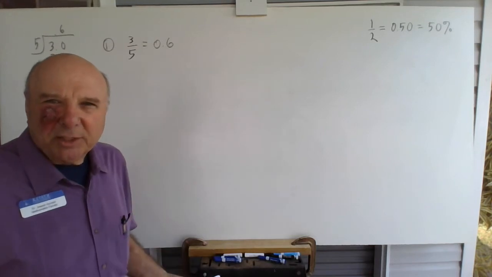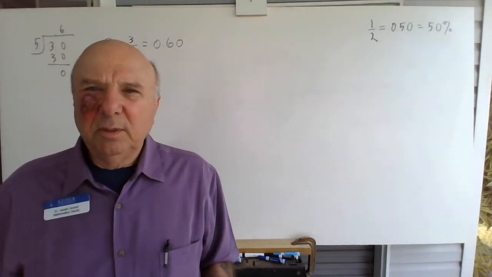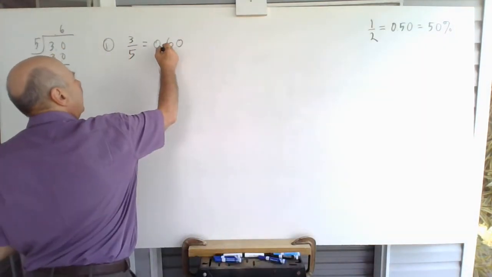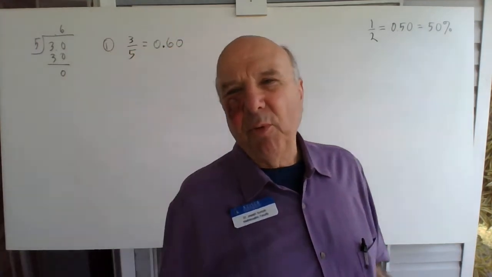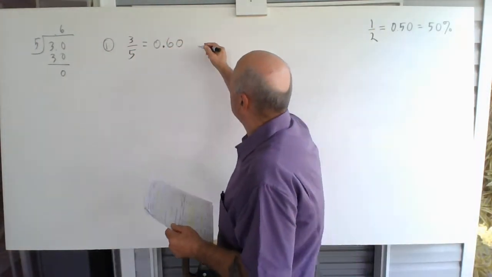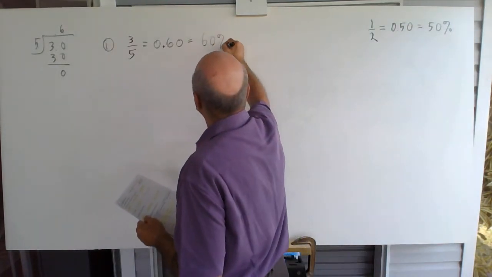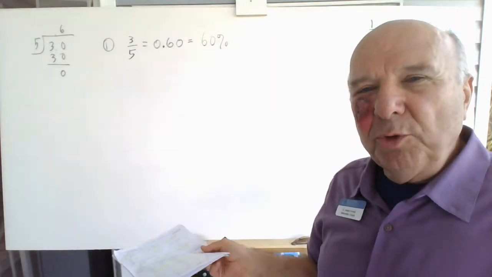And I'll just add the extra 0. So 3/5 is the same as 0.60. As a percent, we just move the decimal place 2 places to the right.